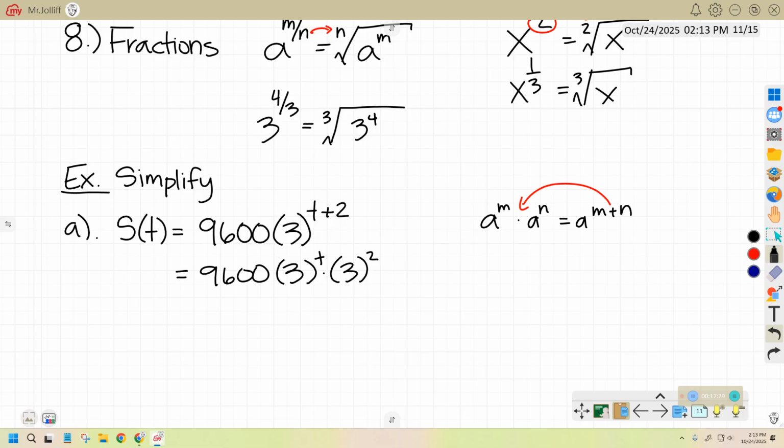Multiplying like bases, add the exponents. And I can go in reverse. If I'm adding the exponents, I can split it into two exponentials. 3 is the base being raised to an exponent, to separate it from the initial value that's not being raised to a power. It's just for clean notation.